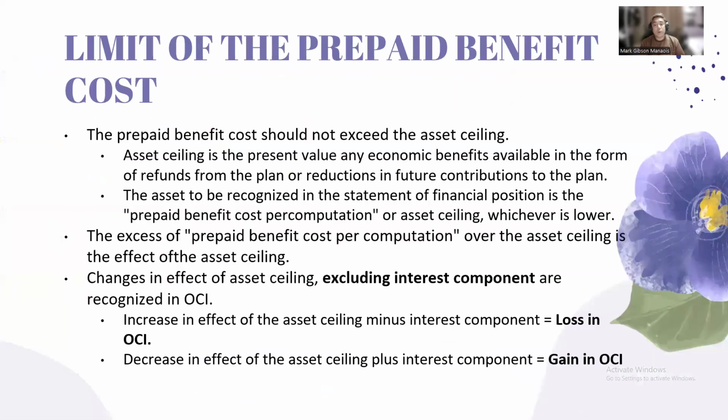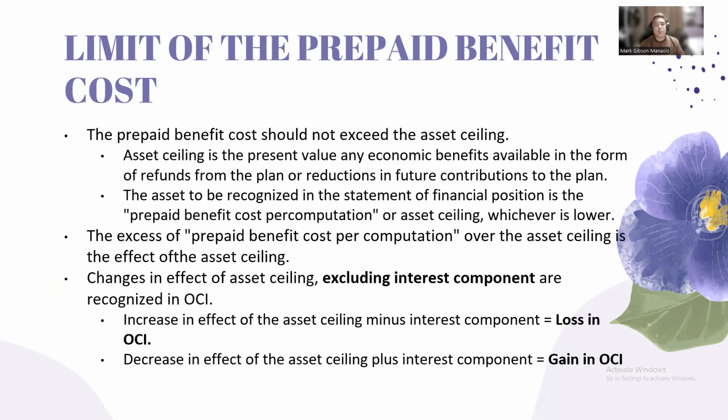Okay, so let's continue our discussion. So limit of the prepaid benefit cost. The prepaid benefit cost should not exceed the asset ceiling. So what is the asset ceiling? Asset ceiling is the present value of any economic benefits available in the form of refunds from the plan or reductions in future contributions to the plan.